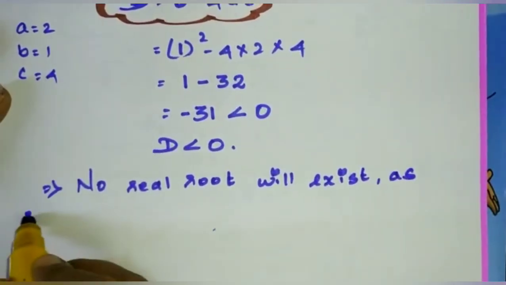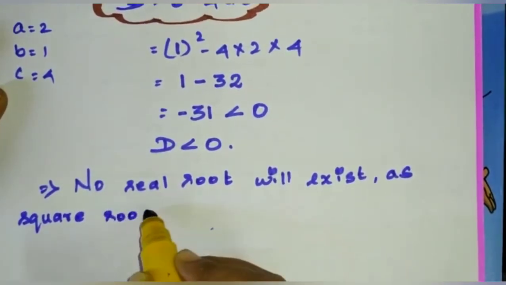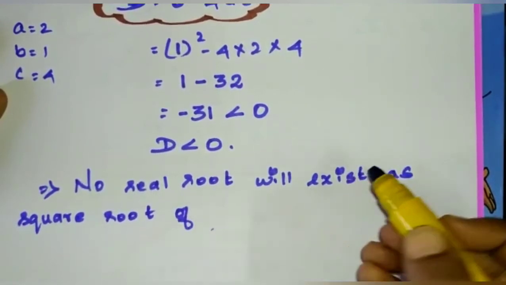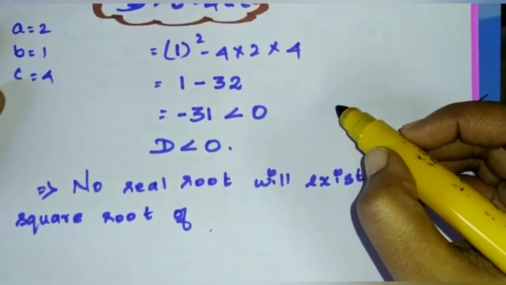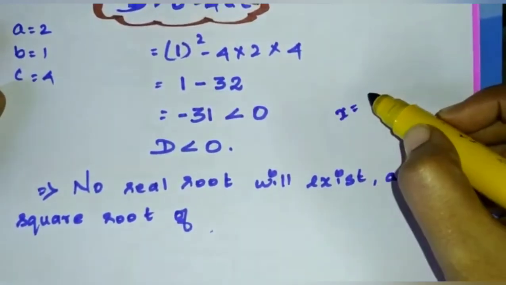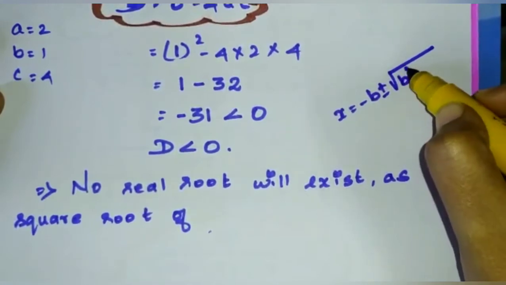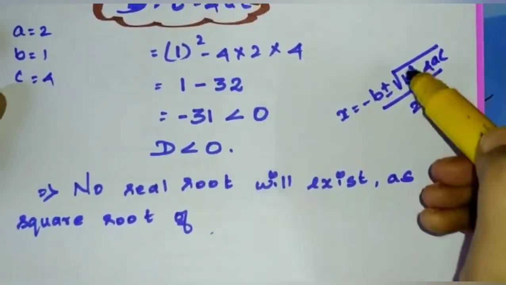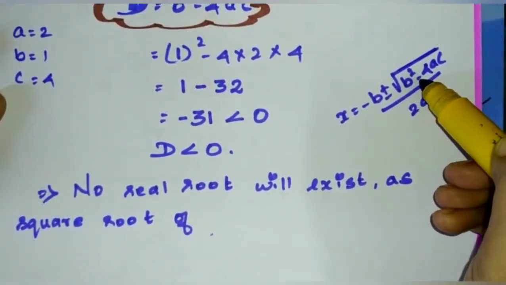As square root of, inside the, that is, you have a formula, no? What is our quadratic formula? X is equal to minus b plus or minus root of b square minus 4ac divided by 2a. In this, inside the square root, you will get negative.